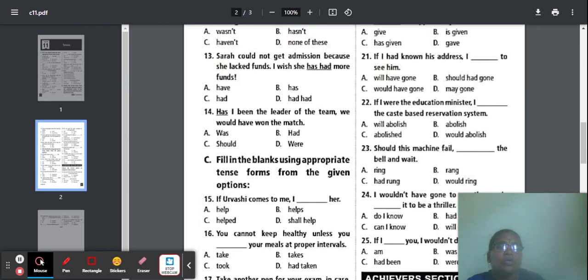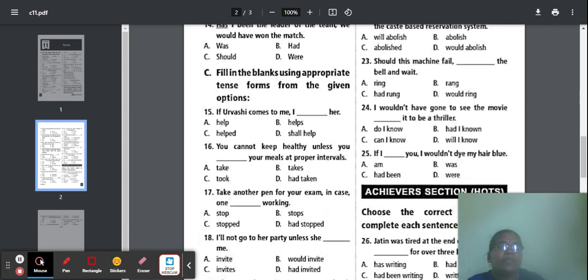Okay, so next, question number 23. Should this machine fail, dash the bell and wait. So what will be the answer? Should this machine fail, ring the bell and wait. Ring, this is a present tense statement only. So ring the bell and wait.